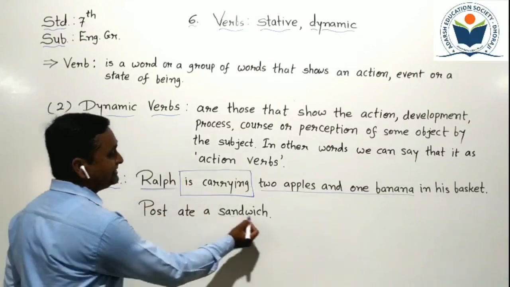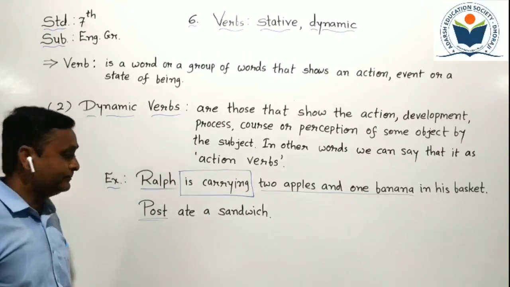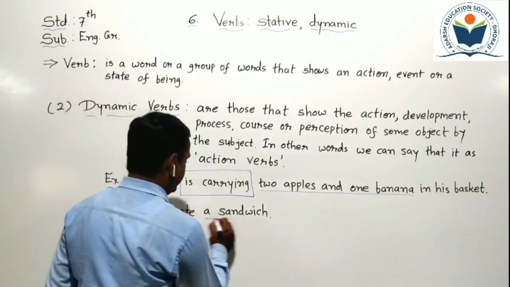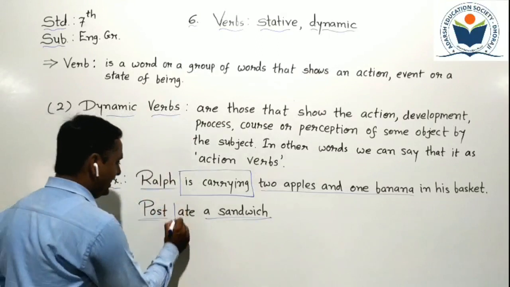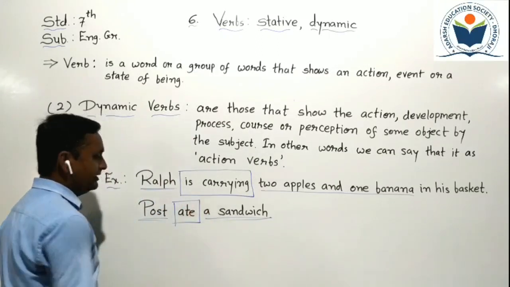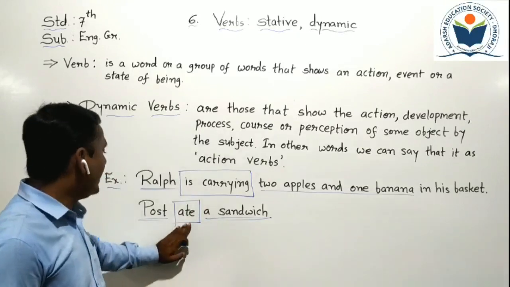Post ate a sandwich. Here Post is the subject, and a sandwich is the object. But between them, one word is given: A-T-E. Ate is a dynamic verb here.